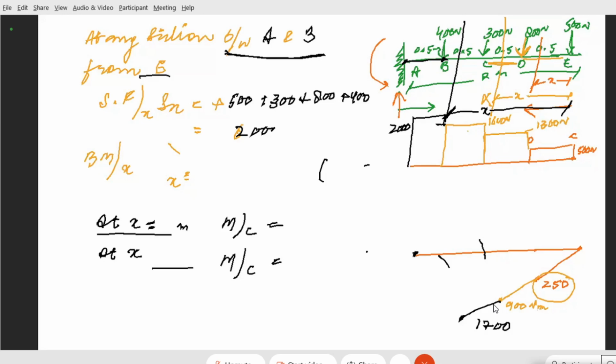You will have the moment at point B, which comes out to be minus 1700 Newton meter, and then the moment at point A, which comes out to be 2700 Newton meter.